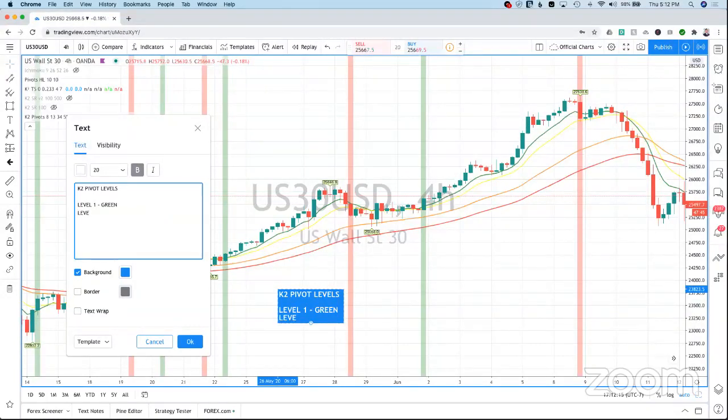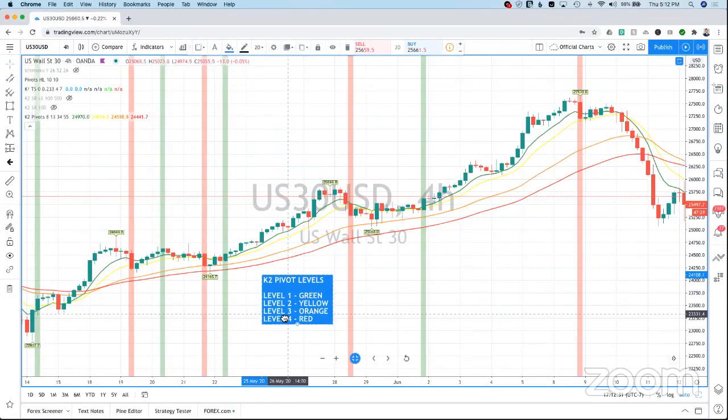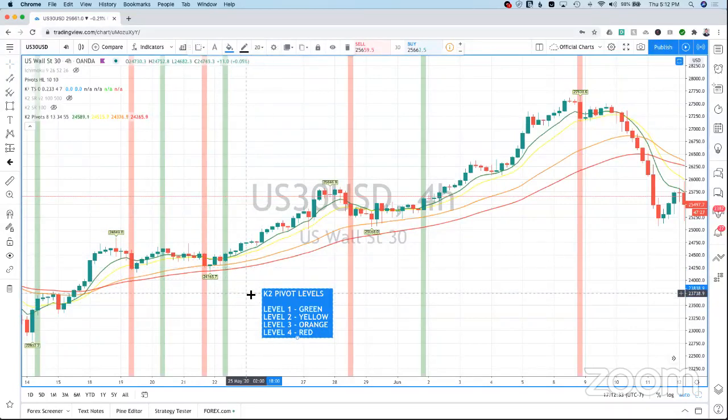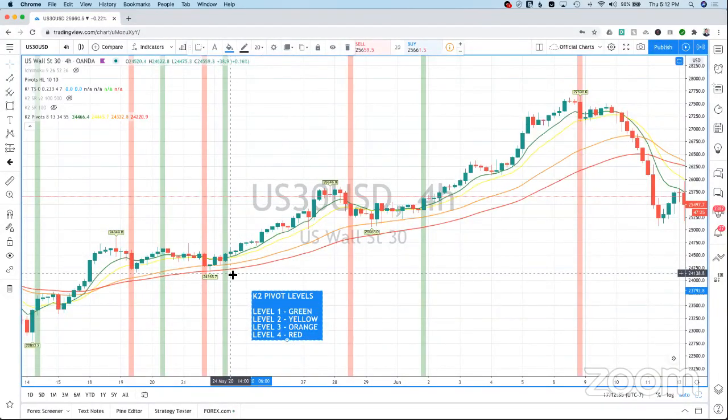So the higher the level, the stronger the pivot level. Level 1 is green, level 2 is yellow, level 3 is orange, and level 4 is going to be red. So as price gets closer to the higher levels, obviously the pivot is going to be a lot stronger, and you're going to see a stronger rejection off it.